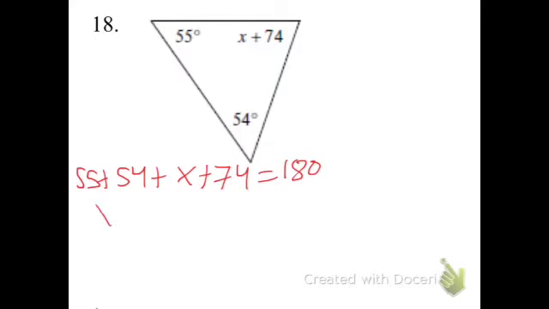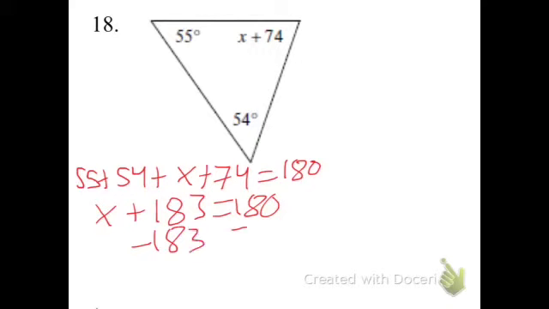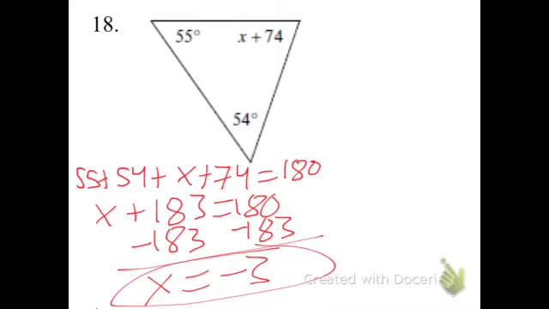Well, if you combine like terms on the left side, 55 plus 54 plus the 74, you're going to get 183. And now you have to get x by itself by subtracting 183 from both sides. You have x equals -3, and you're done.